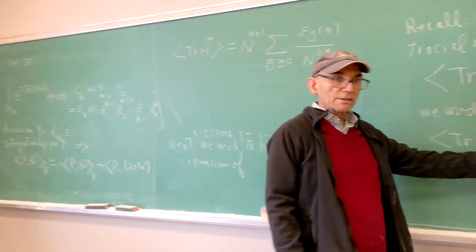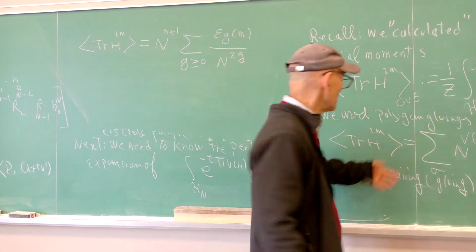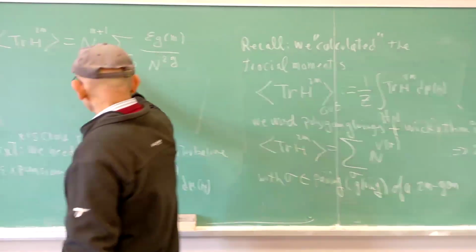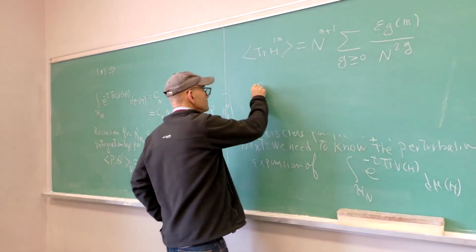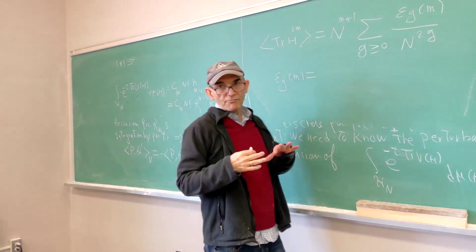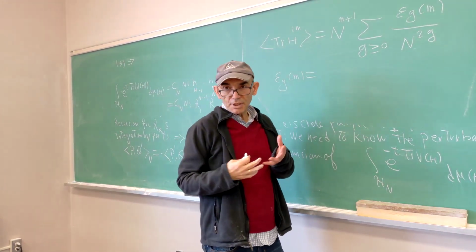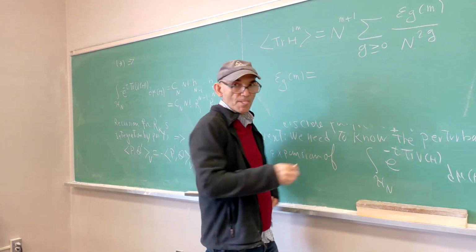So this expression here can be equally written as such, where epsilon g m is the number of different ways that you can glue a surface of genus g from a pairing sigma.